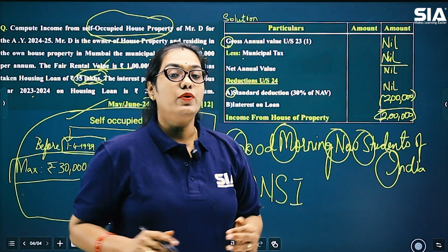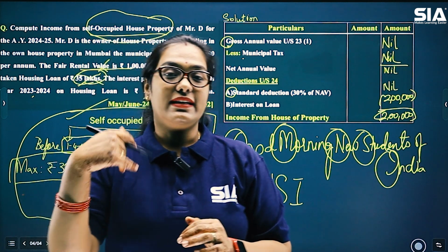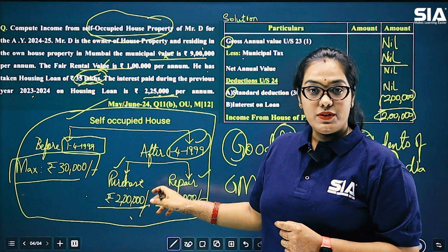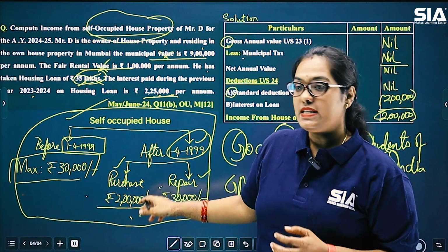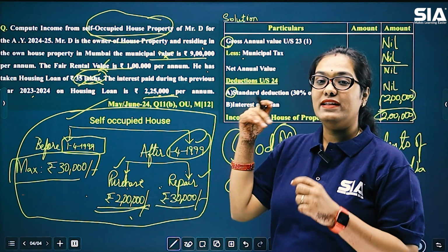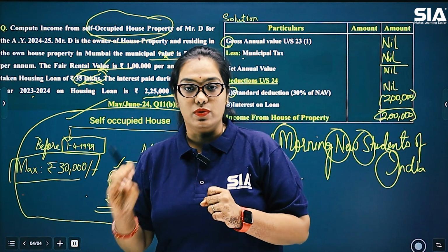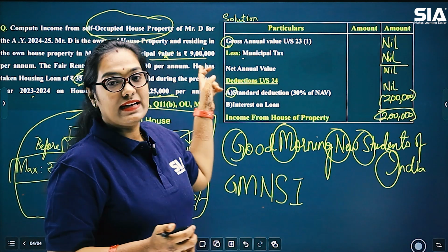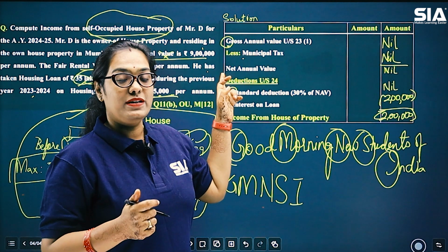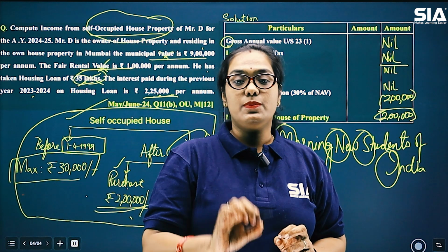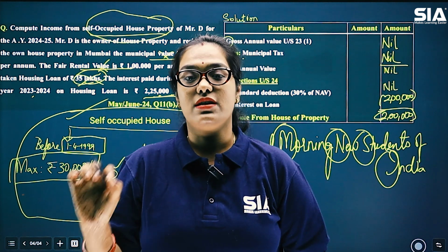Okay. Now how do you write this in your exam? This entire story of mentioning that the loan was taken for purchase, then why it is allowed only up to rupees 2 lakh, all that we have to mention in our working notes. So your first working note will be on municipal taxes, where you will mention that since the house property is self-occupied, municipal taxes will not be allowed as deduction.